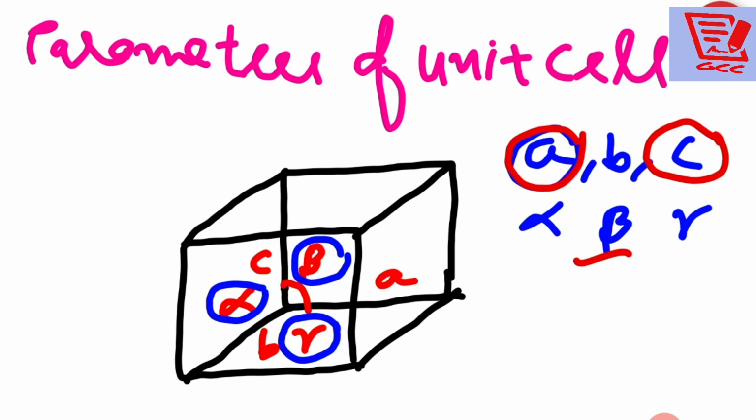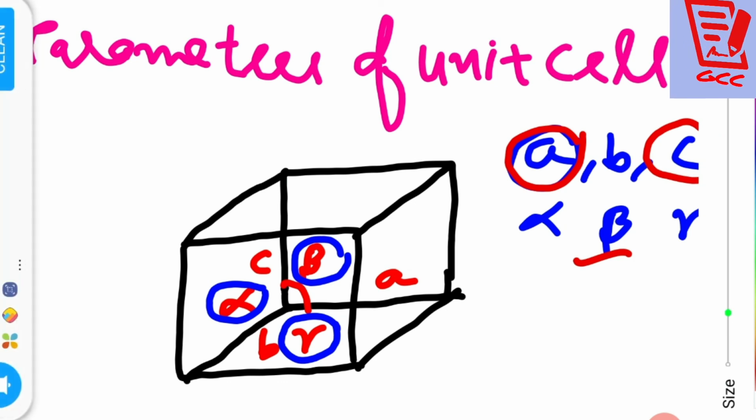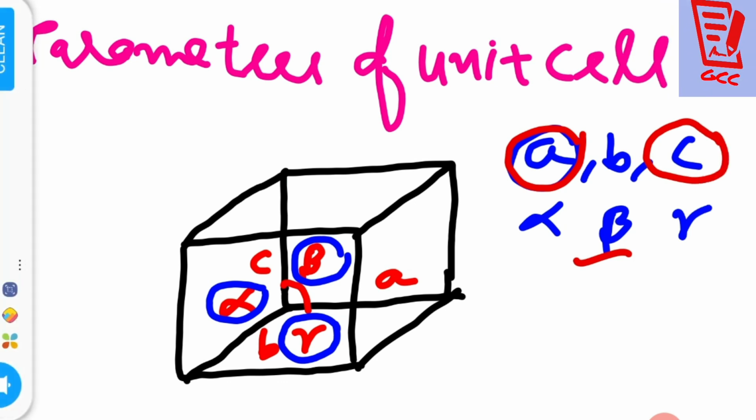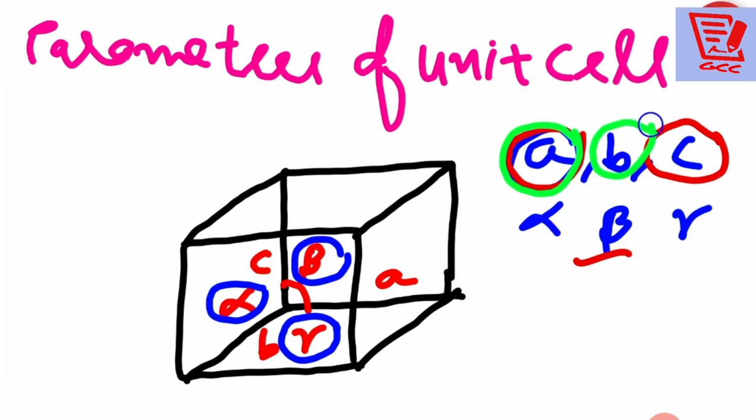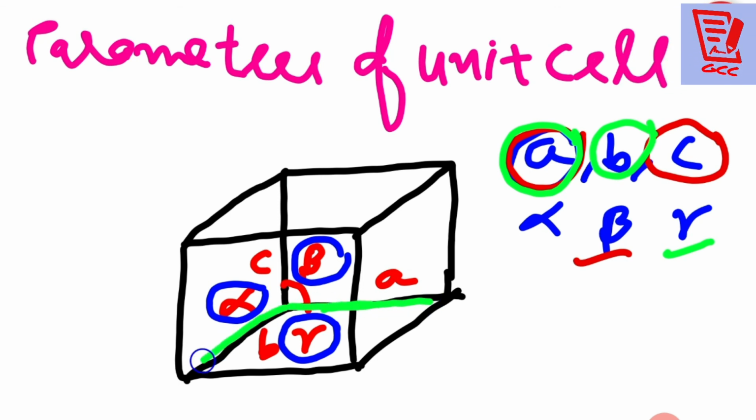You can check it yourself. In the same way, the angle between A and B is gamma. This is side A and this is side B, and the angle there is gamma. Is it easy to learn or not? Yes or no?